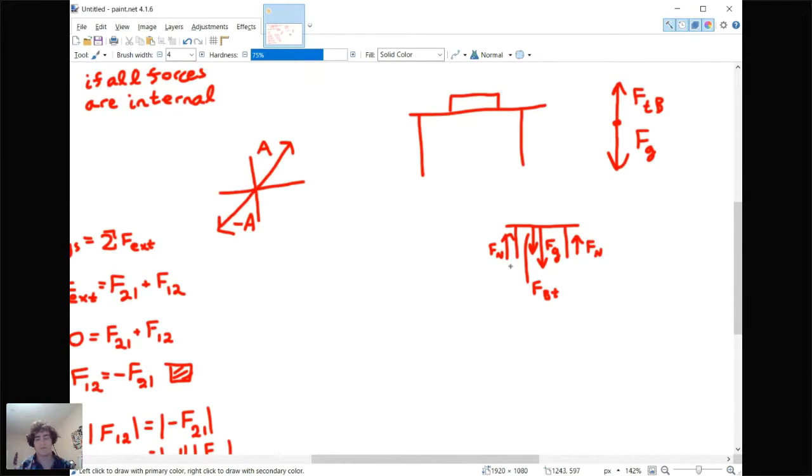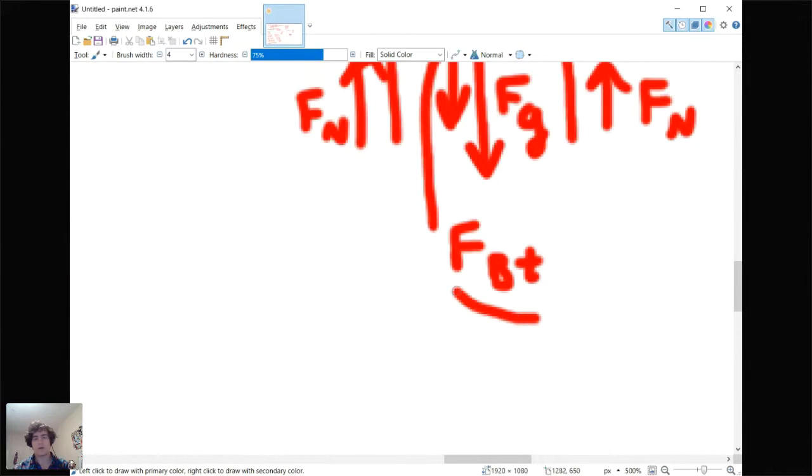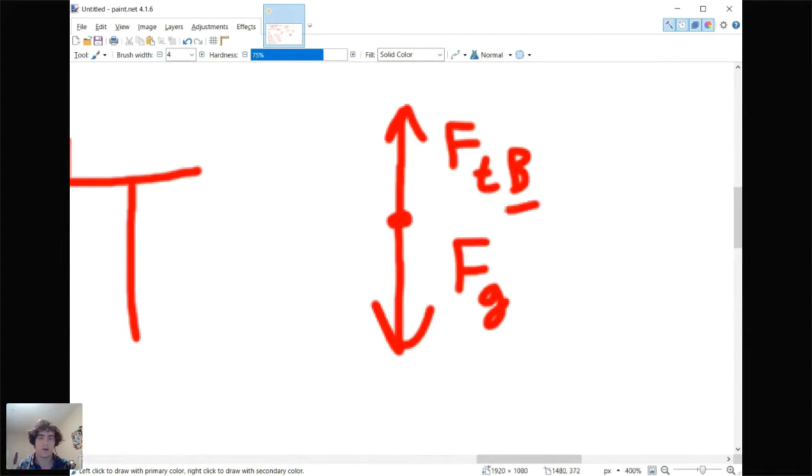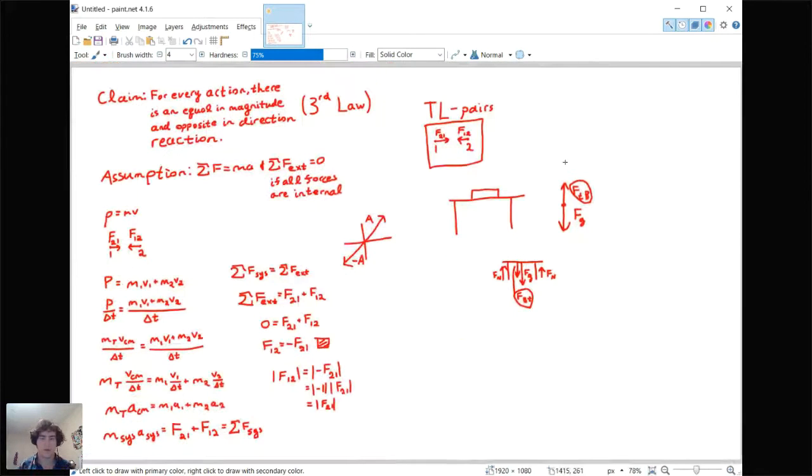And this pair right here, the force from the book on the table and the force on the book from the table, those are equal to each other in magnitude, and they arise from Newton's third law. So those are the force pairs here.